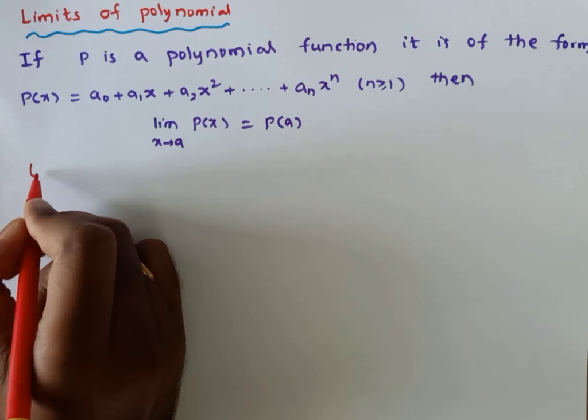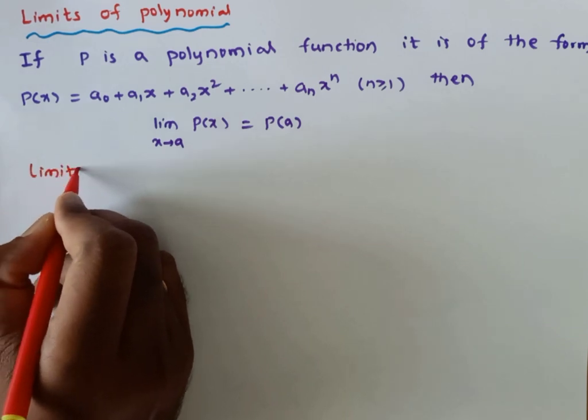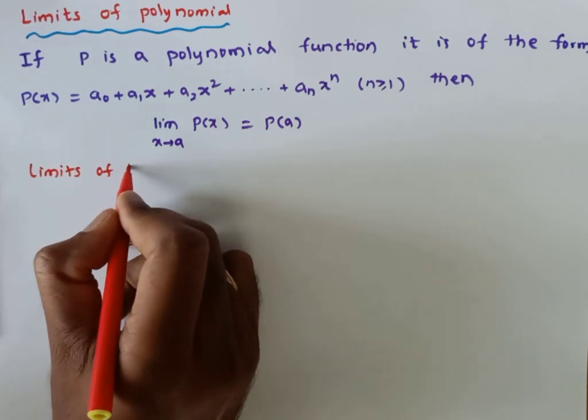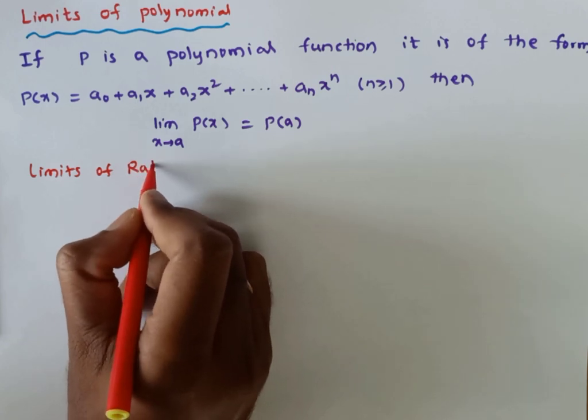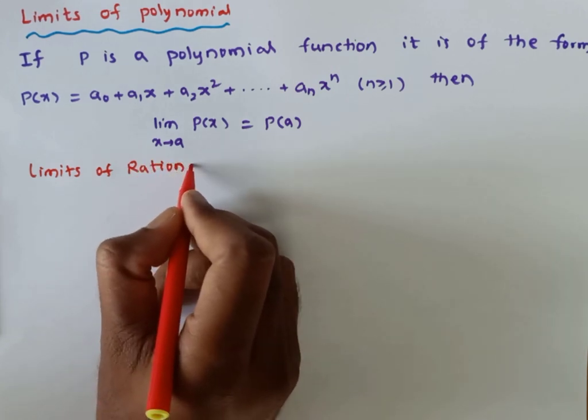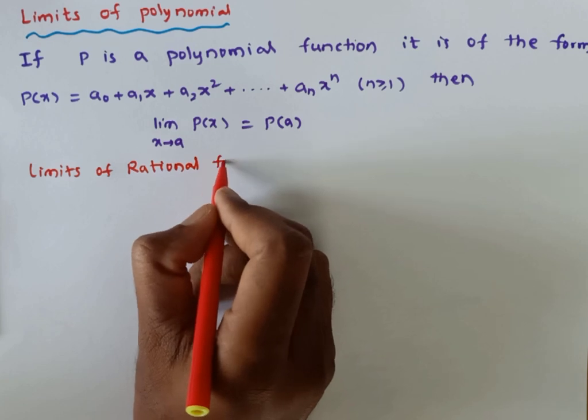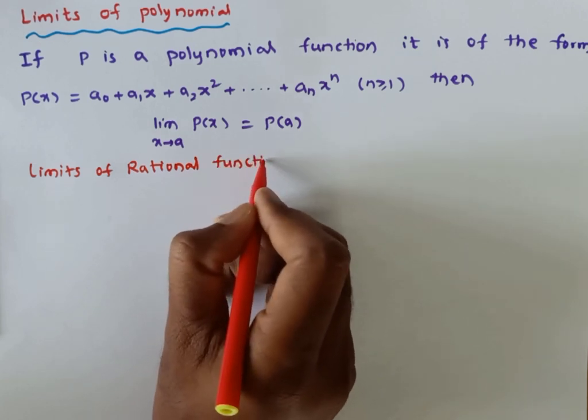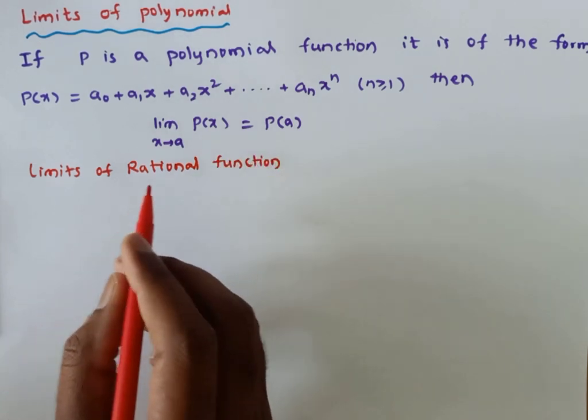Next, limits of rational functions. It is like the quotient rule only. You know the rational function, right? It is in the form of p by q, like a rational number.